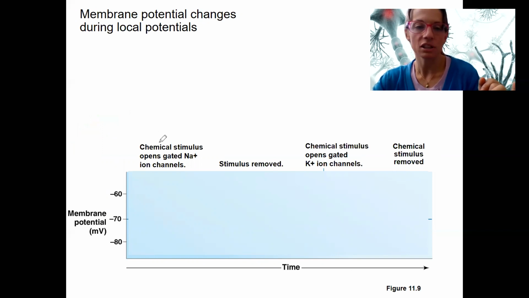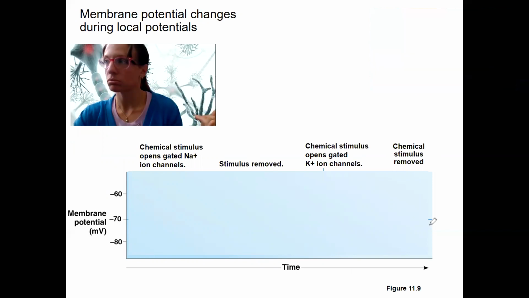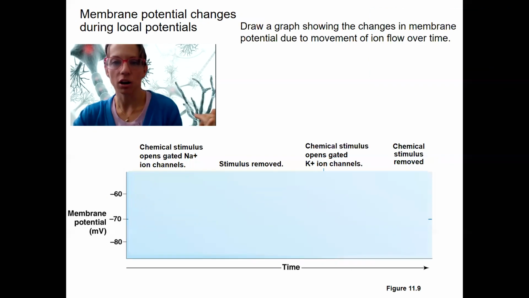And I've got some different stimuli here, or a removal of stimuli that I'd like you to pay attention to. So what we're going to do is draw a graph showing the changes in membrane potential. That means up, down, over time, due to the movement of the ion flow over time, which is due to whatever I'm telling you happens up here.